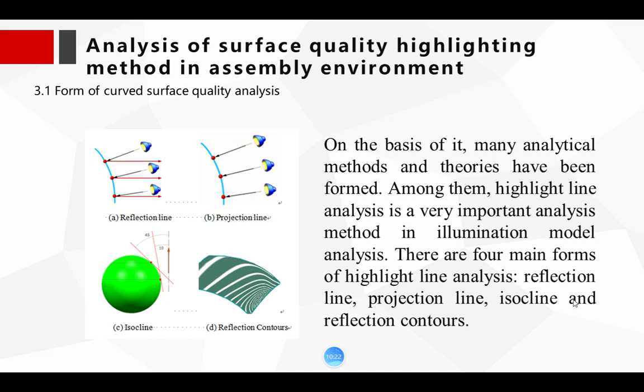Among them, highlight line analysis is a very important analysis method in illumination model analysis. There are four main forms of highlight line analysis, such as reflection line, projection line, isoline, and reflection contours.